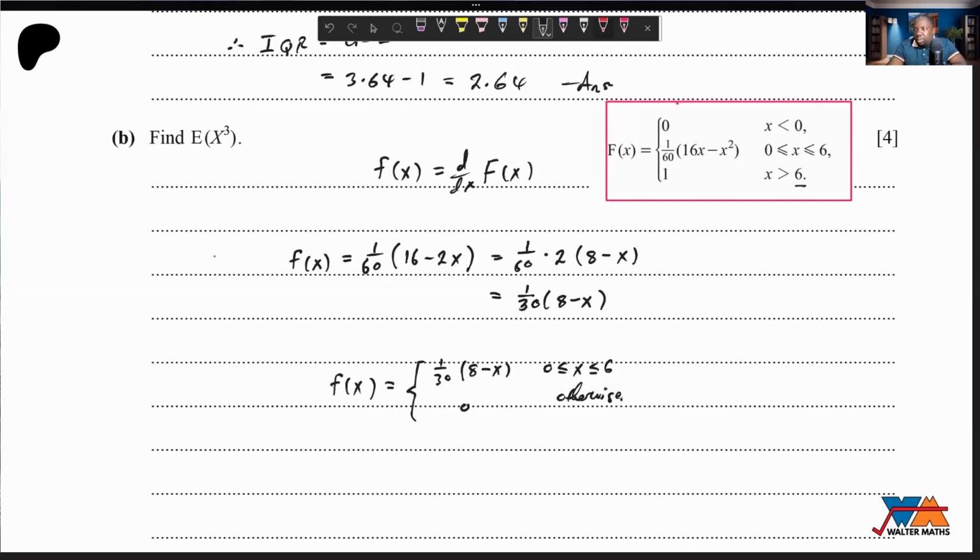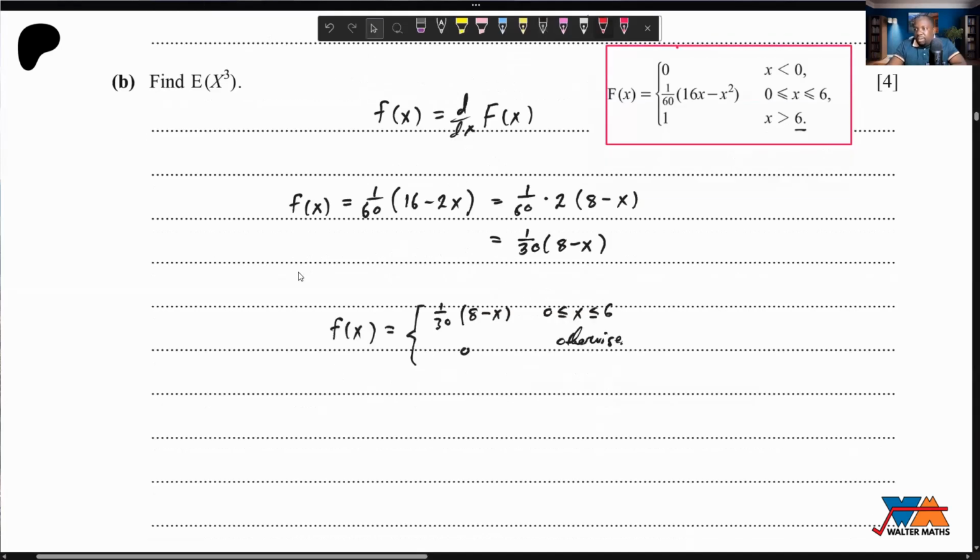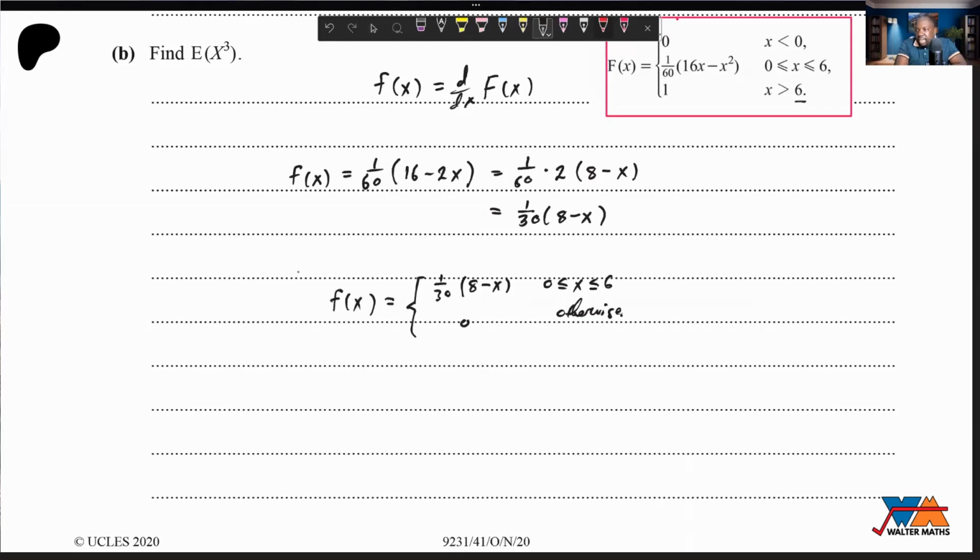So when we have that, we can now find E of x cubed, which is the same as 1 over 30 of the integral of x cubed times 8 minus x with respect to x.